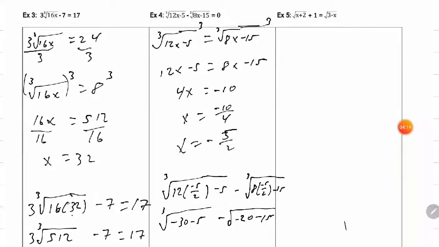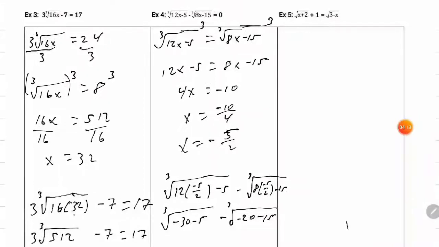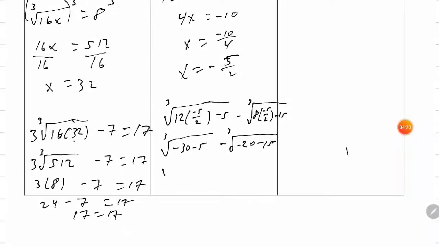And these are cube roots. Cube root of negative 35. We're allowed to have that because it's cubed root. Minus the cubed root of negative 35 does indeed equal 0. 0 equals 0. Something minus itself is 0.